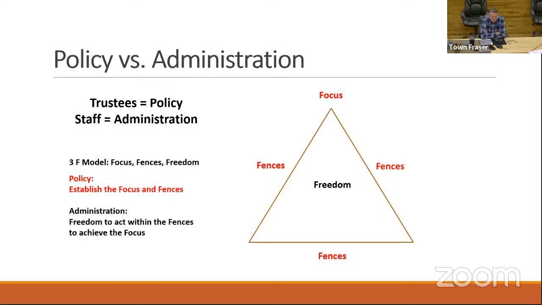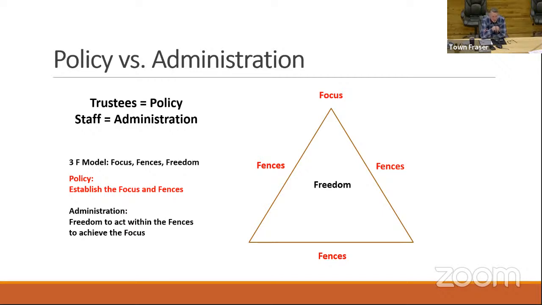Other fences could be time constraints, legal constraints, and so forth. So the trustees are responsible for that focus and the fences. Administration works within that triangle. This is where your staff will work with a certain amount of freedom to achieve that objective while staying within the boundaries established through those fences.